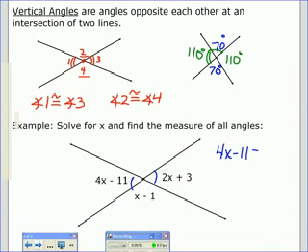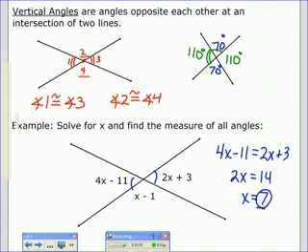So we can just write an equation that sets these equal to each other and solve it, and we get x equals 7. Then to find all the angles, we could just plug the 7 back in for x in all of these expressions and figure out their degree measures.